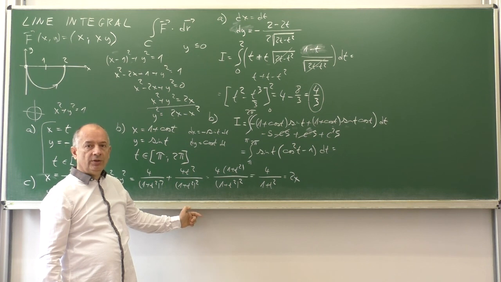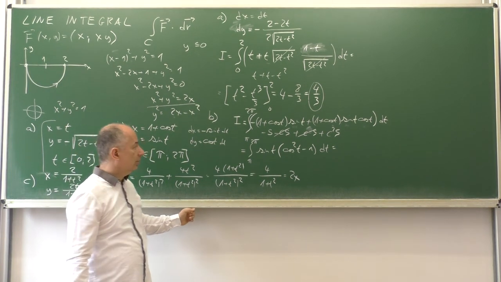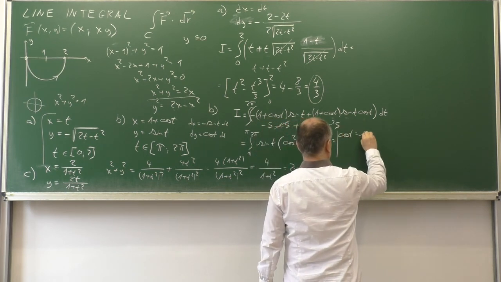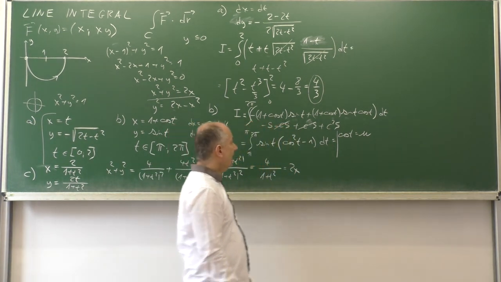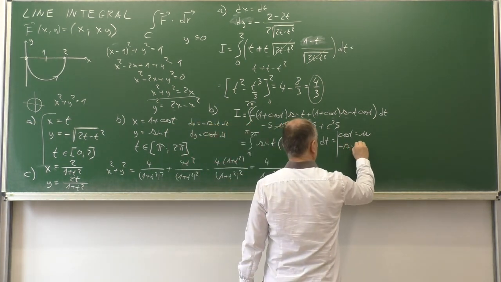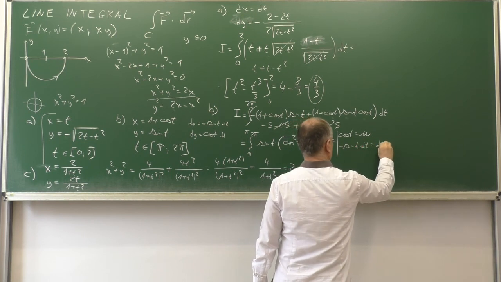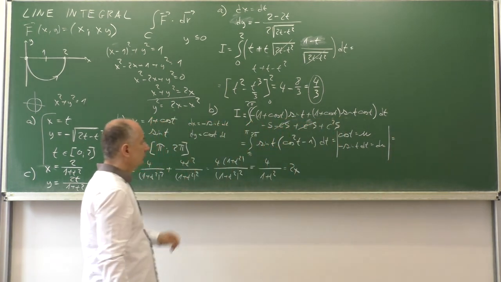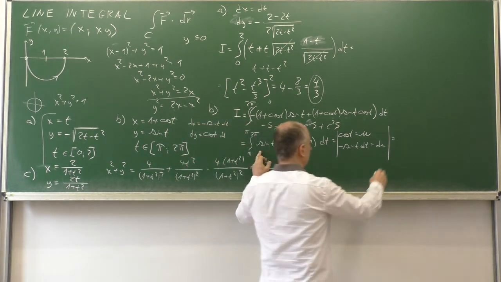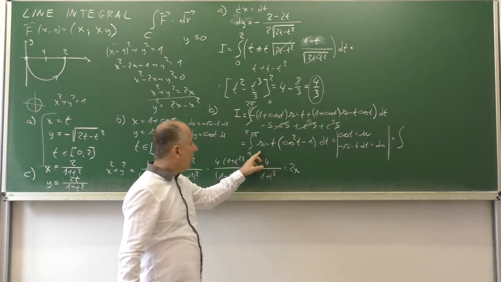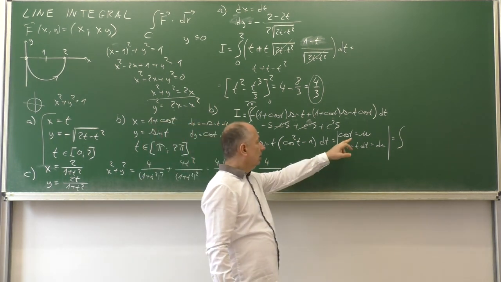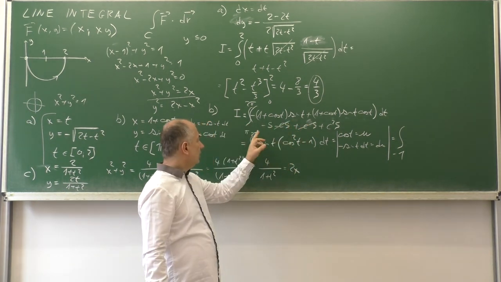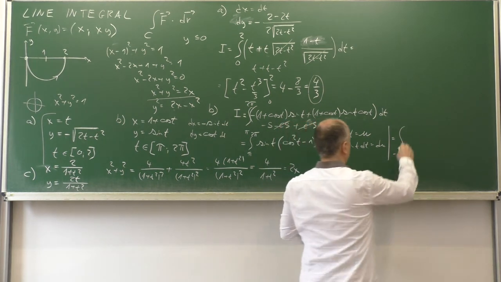And to evaluate this definite integral, we can use substitution for cosine, say u, then minus sine t dt is du, and we have integral when t starts at pi, cosine starts at minus 1, and when t goes up to 2 pi, then u goes up to 1.